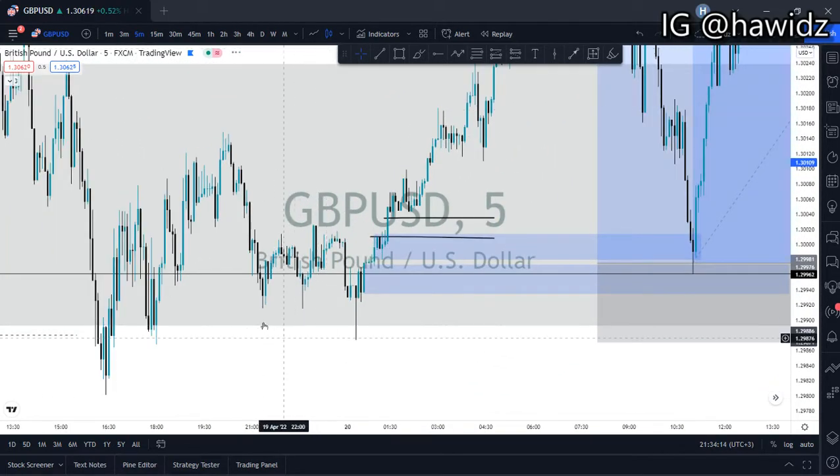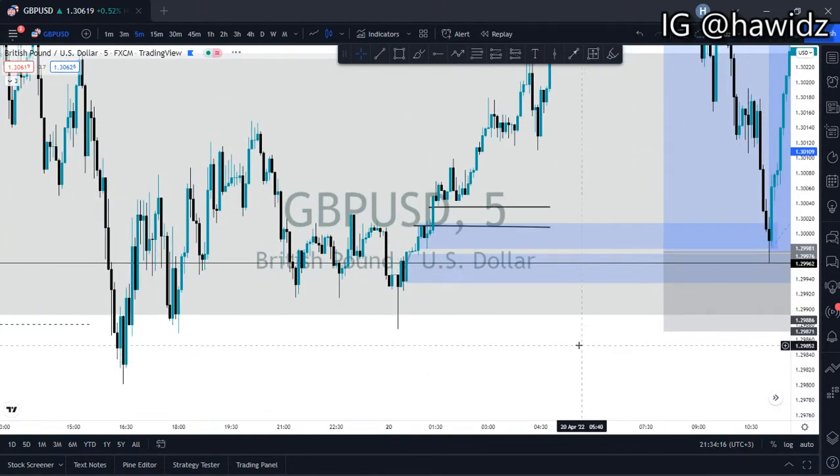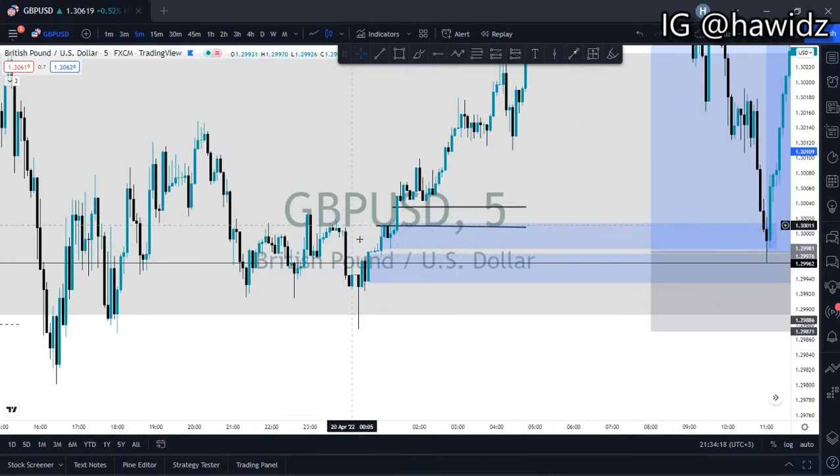I came in and I found it very hard to use this as my zone, right? Because there was another zone below it, and it really made more sense to me than this upper zone. So I deleted this zone and I remained with this zone right here, this last bearish candle before this bullish move started.